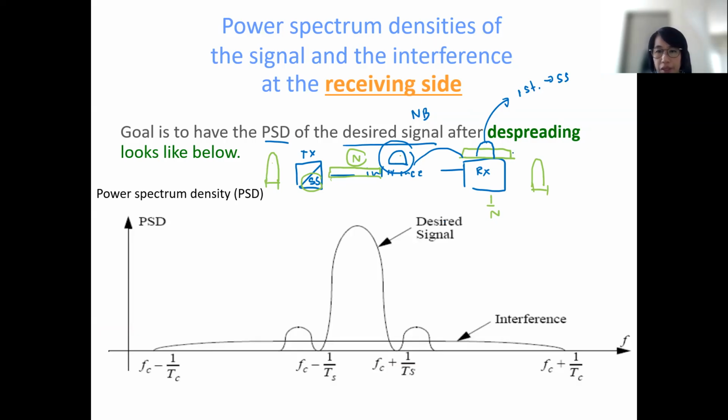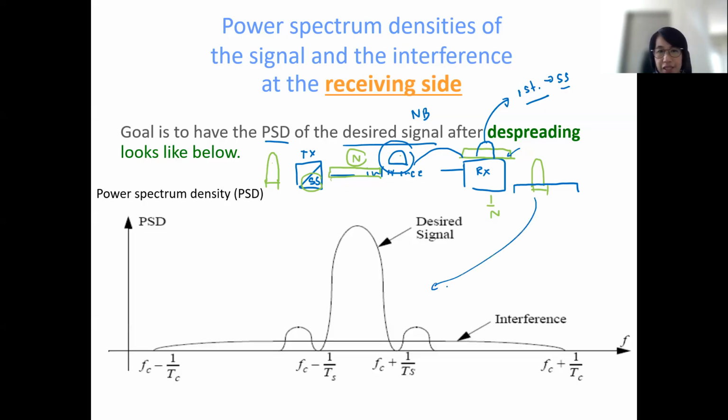What we did with the desired signal was a factor of n, so the interference has to go through a factor of n also, for the first time of the spread spectrum. It means that the interference spectrum will be n times wider.